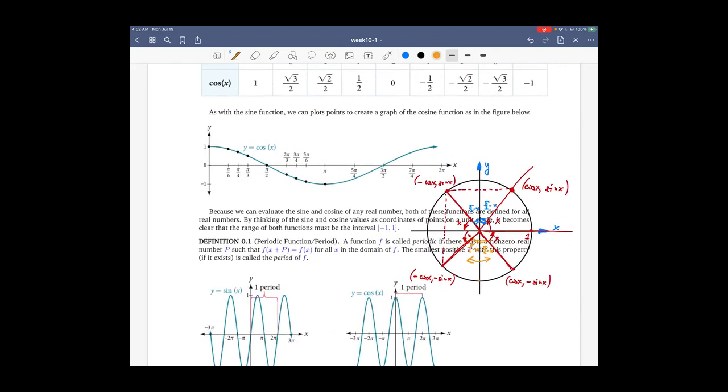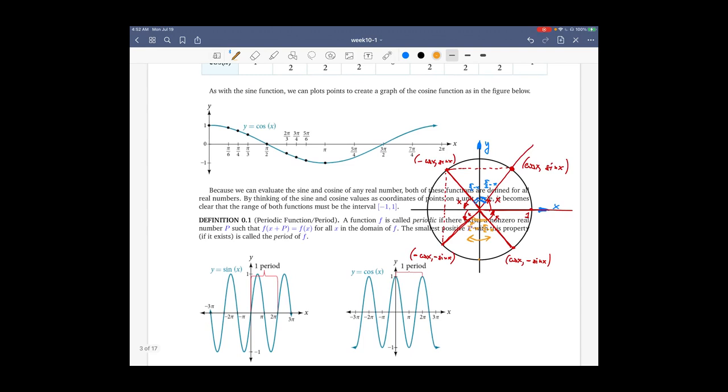Now, what happens when we are in quadrant 2? We have here a clear symmetry, because if this angle is x, this angle is x. So these two angles are both pi over 2 minus x. We have the x-coordinates of the corresponding points on the unit circle equal by absolute value and different only by a negative sign.